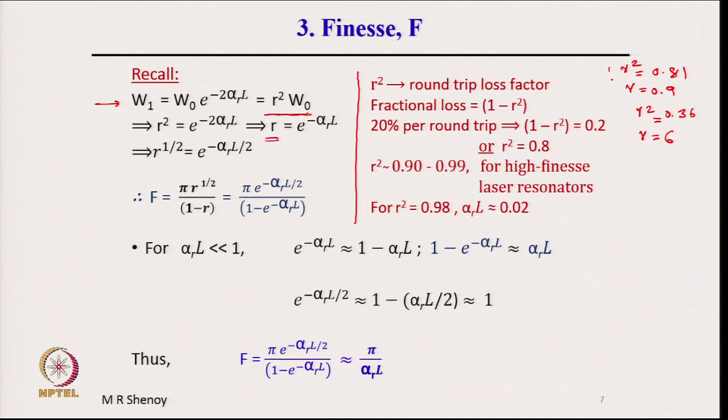These are the two examples which I had taken in the last lecture. Therefore, 20% loss per round trip means 1 minus r square equal to 0.2, or r square equal to 0.8.